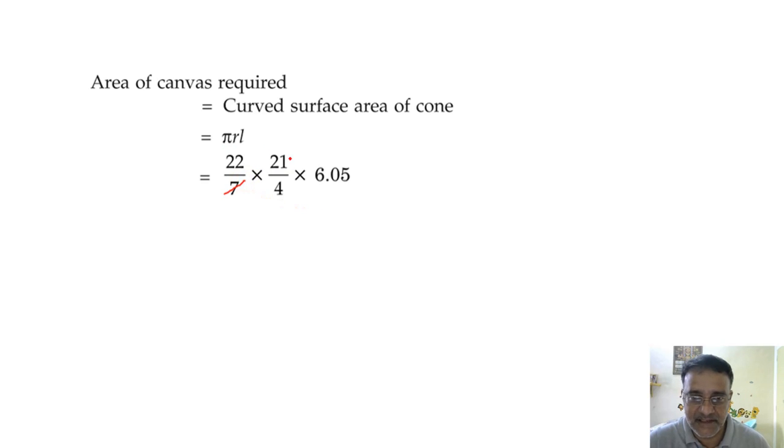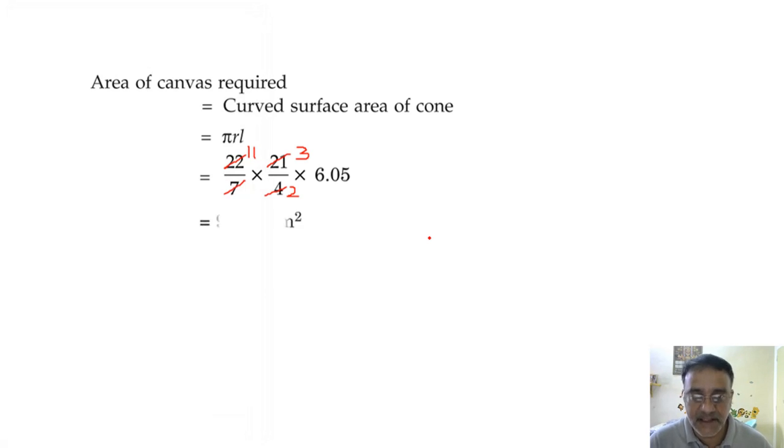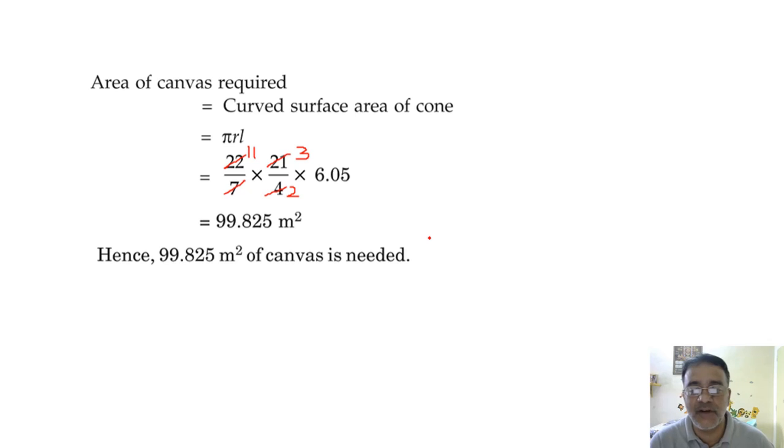So ये cancel होगा 3 and this also we can cancel, 11 and 2. Okay, so 11 into 3 into 6.05 upon 2. So 33 into 6.05 upon 2. So we are getting 99.825 meter square. So hence 99.825 meter square of canvas is needed.